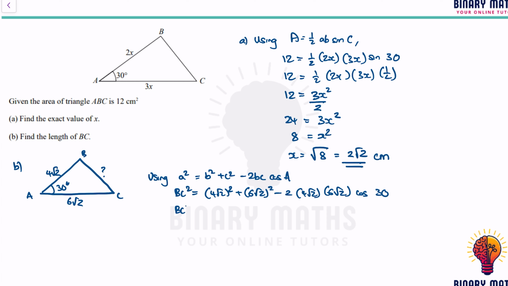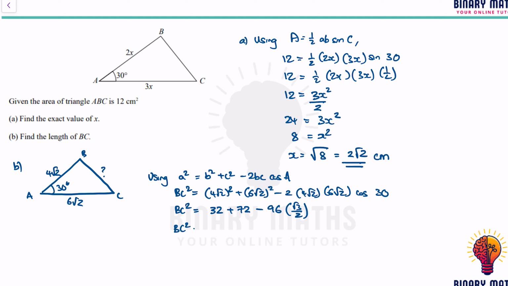Which means BC squared will be equal to 16 times 2, which is 32, plus 72 minus 96 times cos 30, which is root 3 over 2.